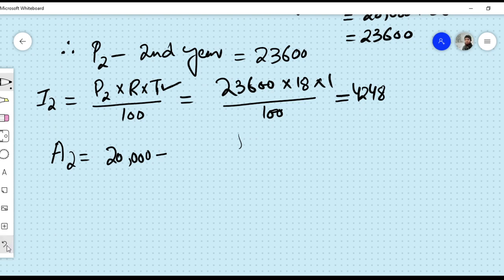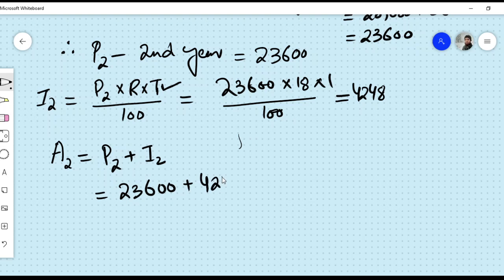So amount after first year will be like that. A2 will be the principal amount for the second year plus interest after the second year, which is 23,600 plus 4248, which will be rupees 27,848.